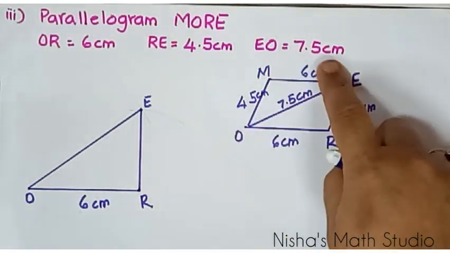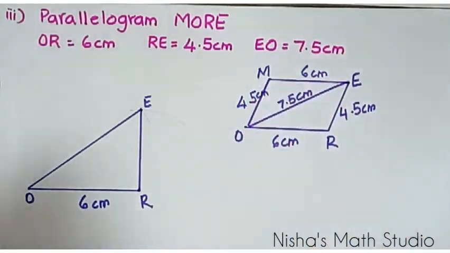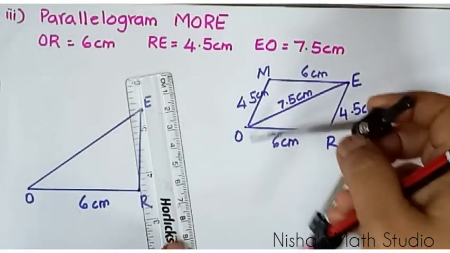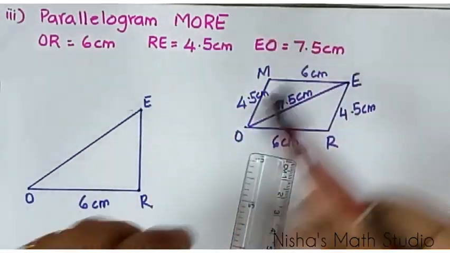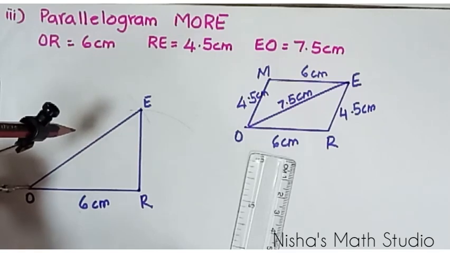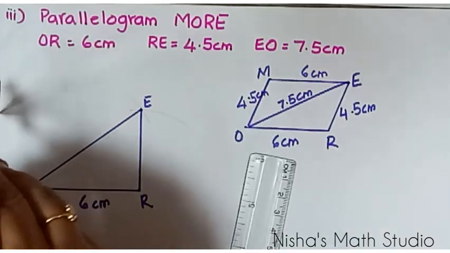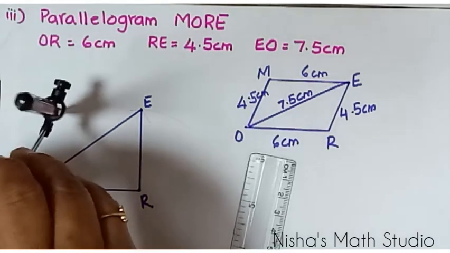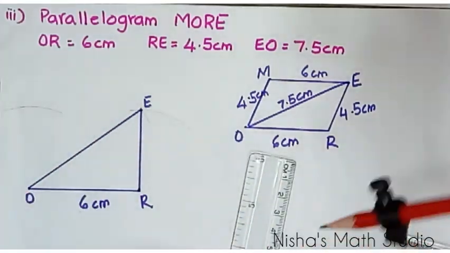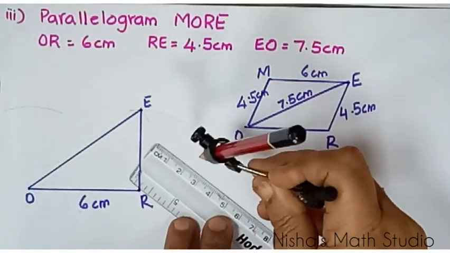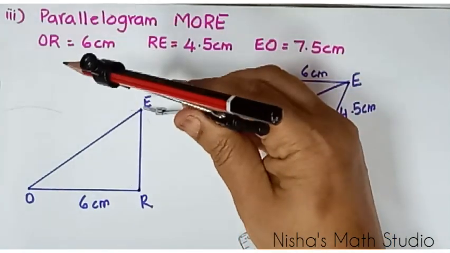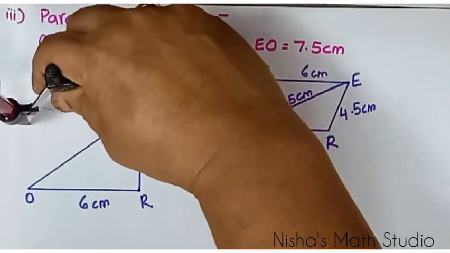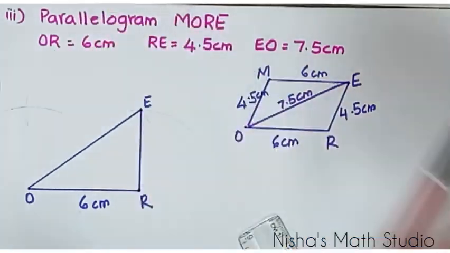Next we are left with 2 more sides, that is 4.5 and 6. Adjust the arc to 4.5 with O as center. Draw the arc and now with an arc of measure 6 cm, with E as center, draw one more arc which will cut the previous arc.